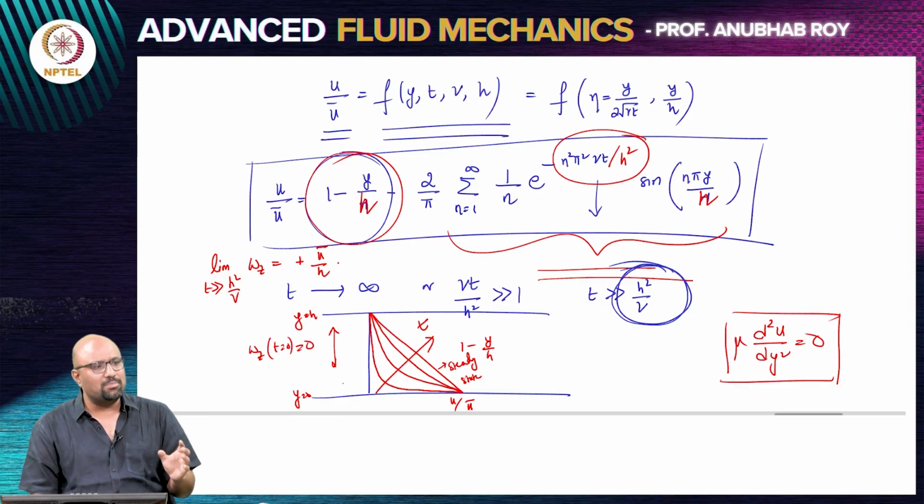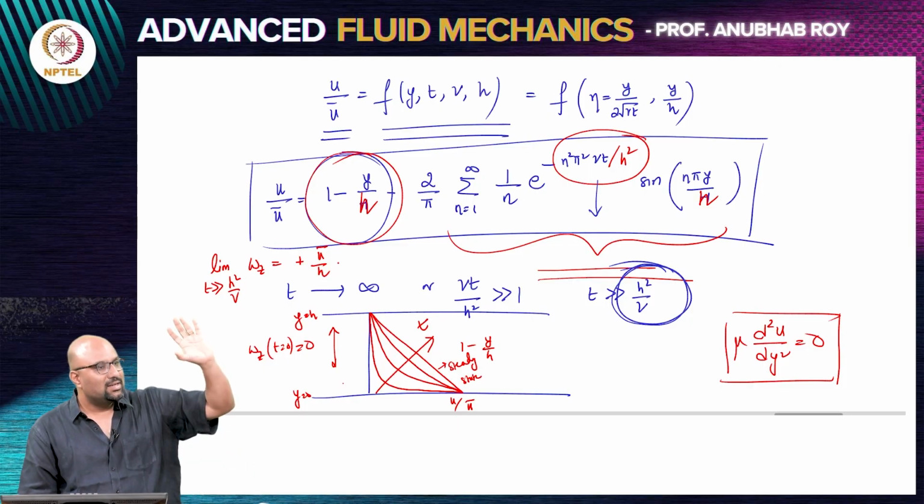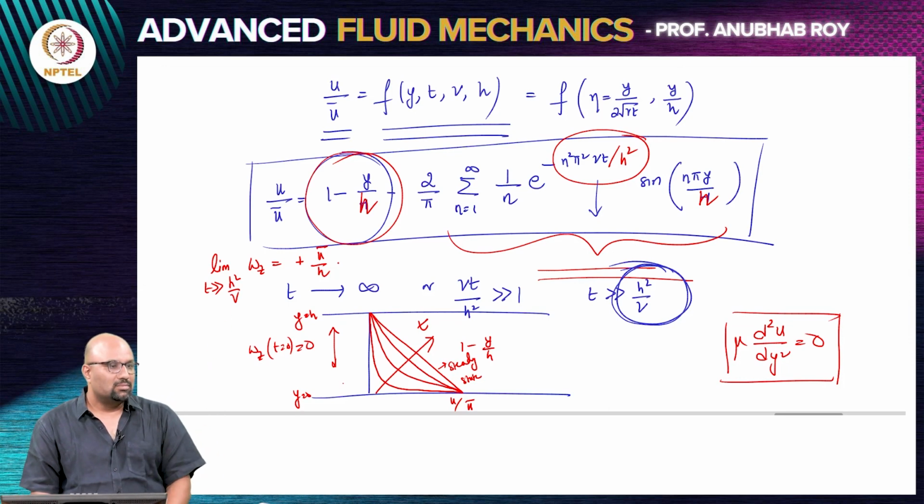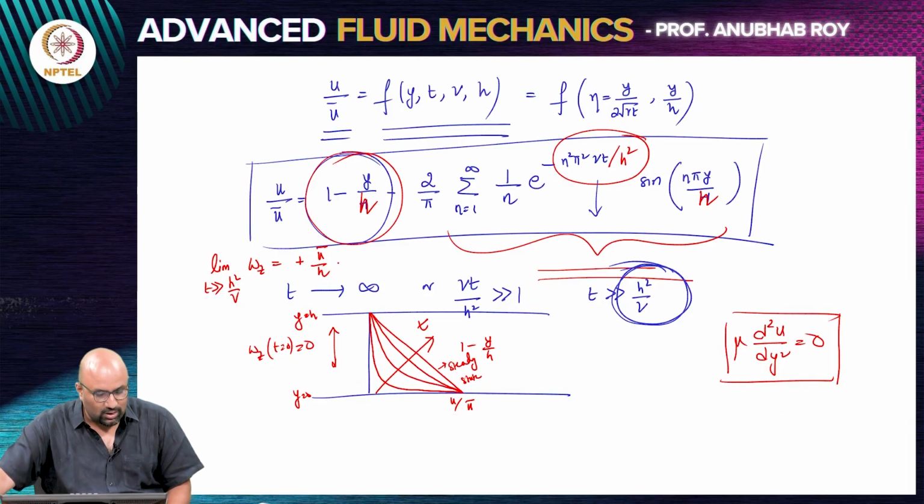Just like a heat conduction problem. If you think of it like a heat conduction problem, it's exactly what you are doing here. You have introduced an initial heat flux and then it spreads and you achieve this linear temperature profile or a constant temperature gradient. So it's very important to think of the role that viscosity plays.